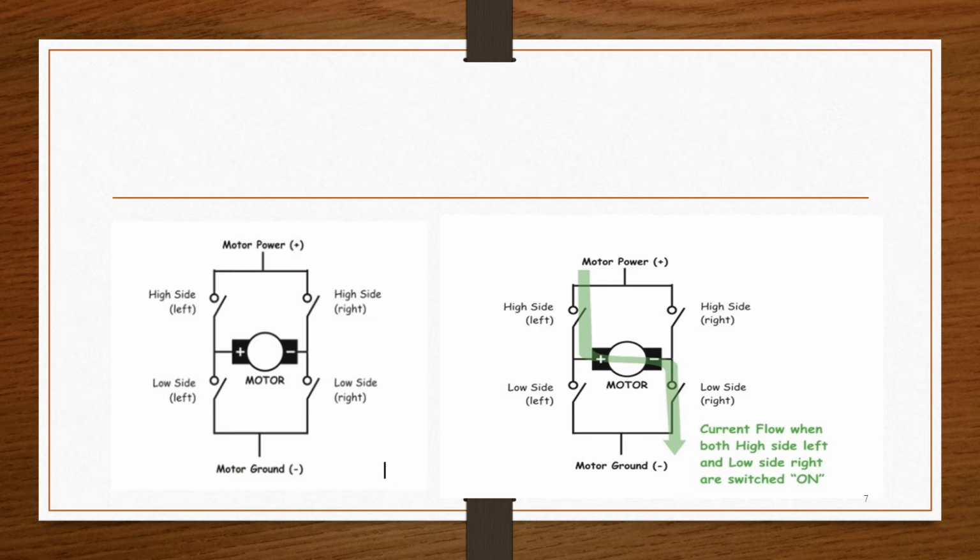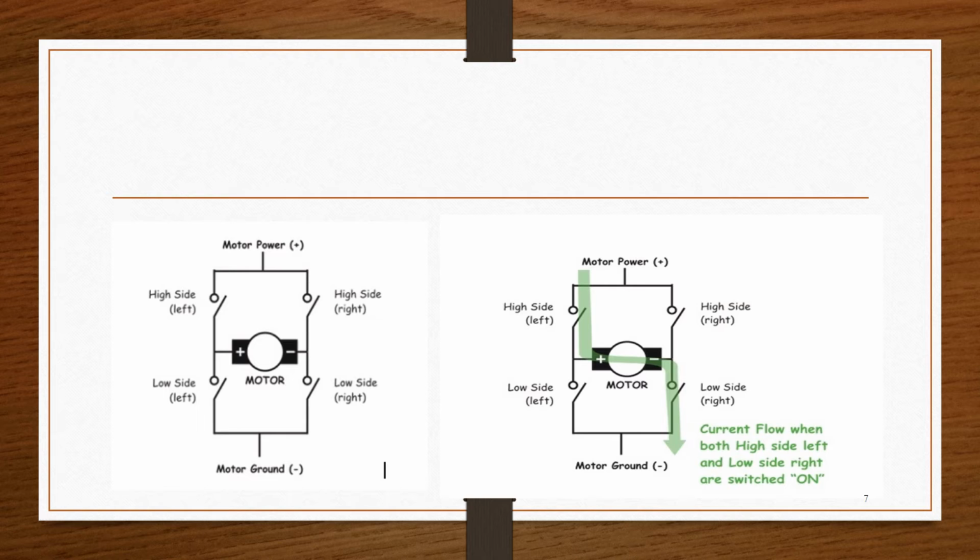If we switch on high side left and low side right, as you can see in the figure, the motor will rotate in the forward direction as the current from the power supply flows through the motor coil and goes to ground through the switch low side right. You can see it in the right side figure.